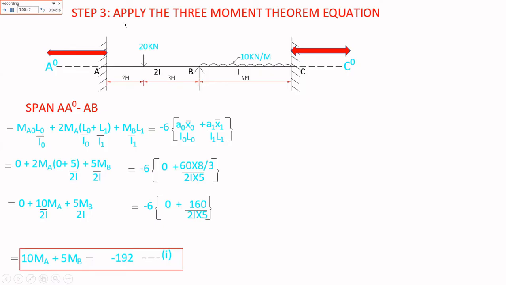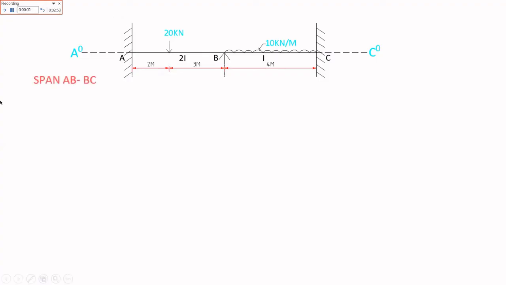Now we are going to move to the next span, that is span BC. Again, we apply the three moment equation: MA L1 divided by I1 plus 2MB into bracket L1 divided by I1 plus L2 divided by I2, plus MC L2 divided by I2, is equal to negative 6 into bracket A1 x bar 1 divided by I1 L1 plus A2 x bar left divided by I2 L2.